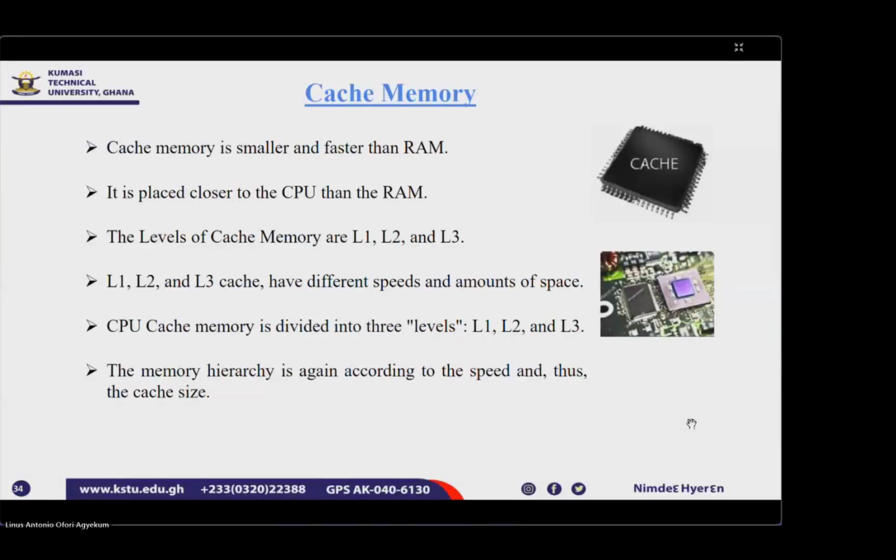And based on the levels, L1, L2, and L3, the cache memory has different speeds and amounts of space for storage. And so this level you see, which is level 1, 2, and 3, is according to the speed and the size of the cache.